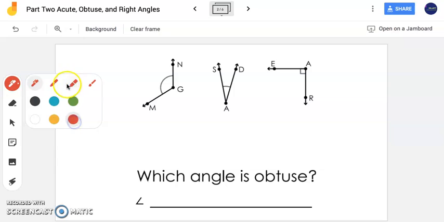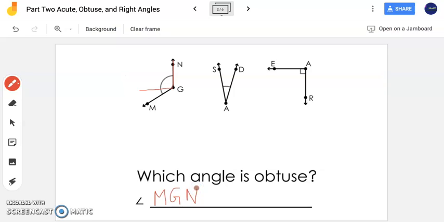And in fact, if I draw an L on here, this is my 90-degree angle, and notice this ray is extending much greater than that 90-degree marking I drew. That marking helps me determine if this angle is going to be greater or less than 90 degrees. Therefore, this angle here, angle MGN, or I could have said angle NGM, is the obtuse angle.